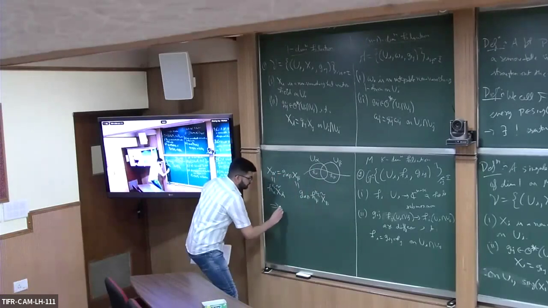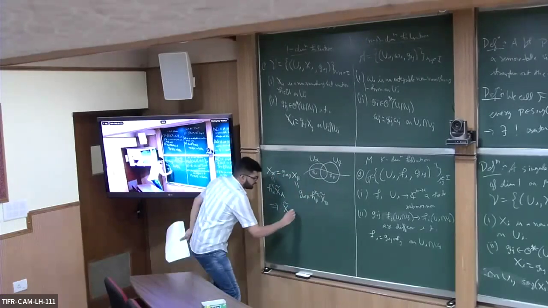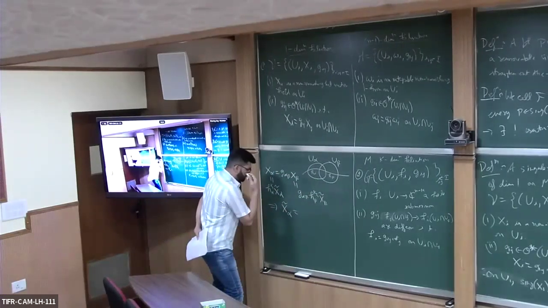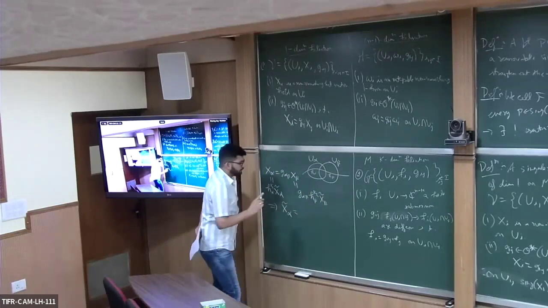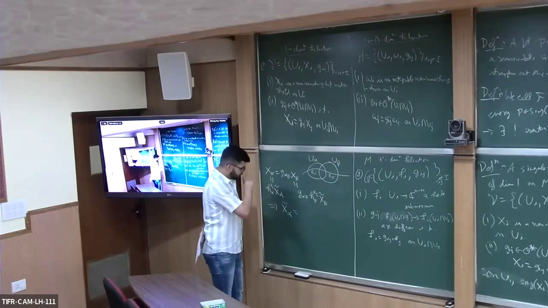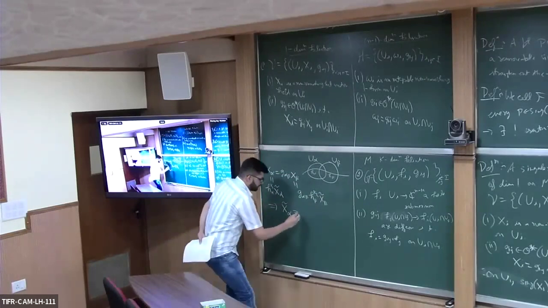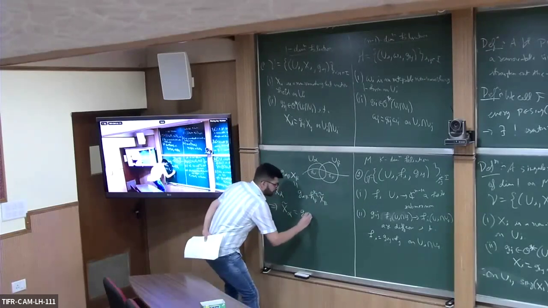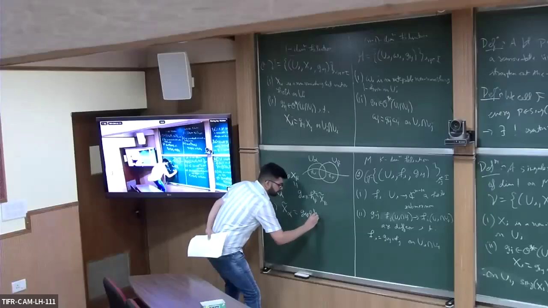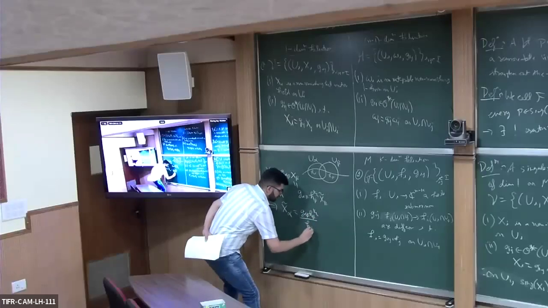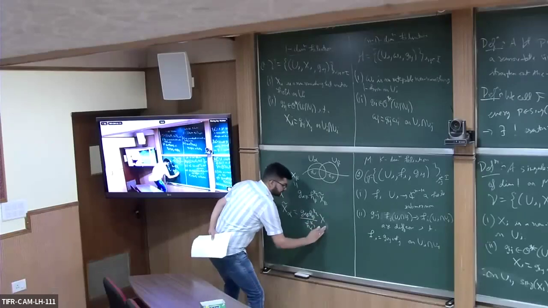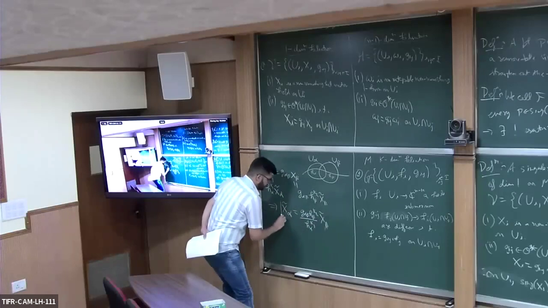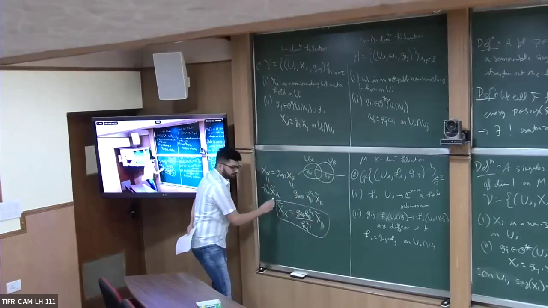So from this, what we get is x alpha tilde equals, okay, let me write it first, then I might be able to explain, k2 over h alpha k1 times x beta tilde. We get this identity.